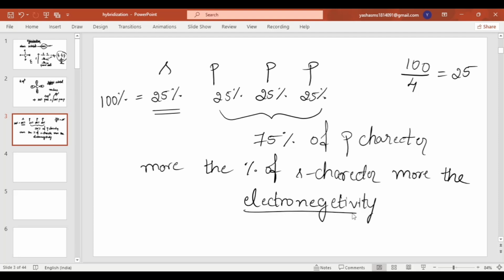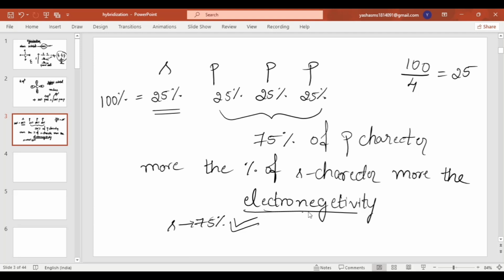What is meant by electronegativity? It is the tendency of an atom to withdraw the shared electrons towards itself. If suppose here 25% is there, and suppose it is 75% s character, then between the 25 and the 75, which has more electronegative character? We have to tell the answer: the more the s character, the more the electronegativity.